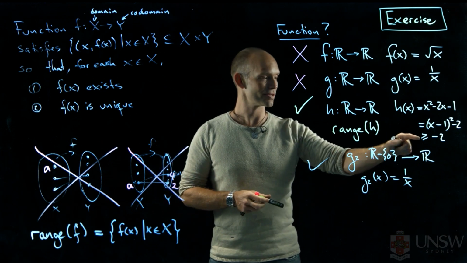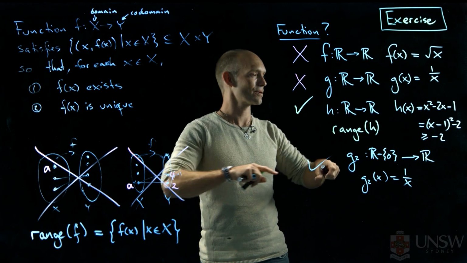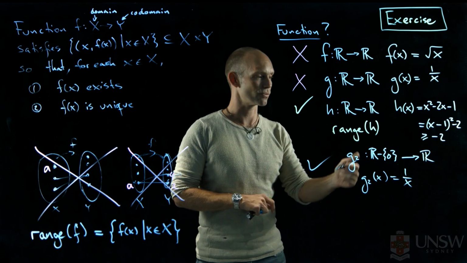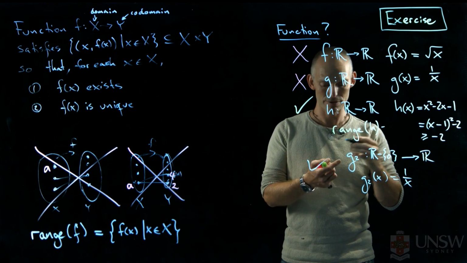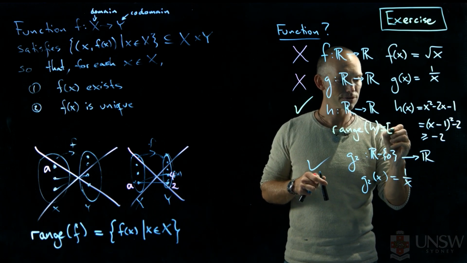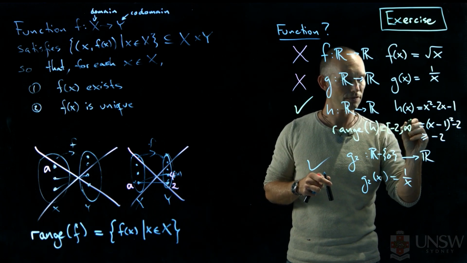And in fact you can see that it's a continuous function, so this starts at minus 2 and grows to infinity, so the range of this function here is indeed all the numbers from minus 2 up to infinity.